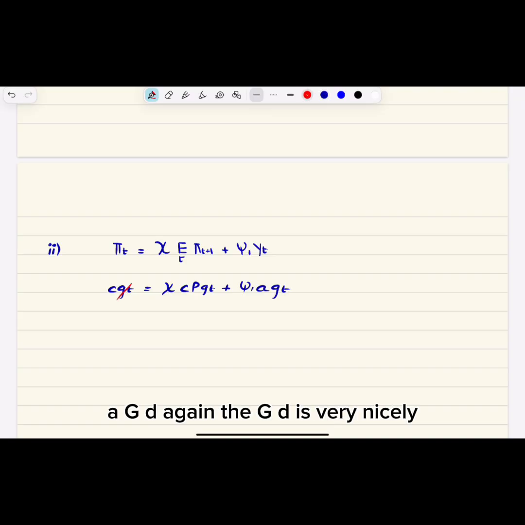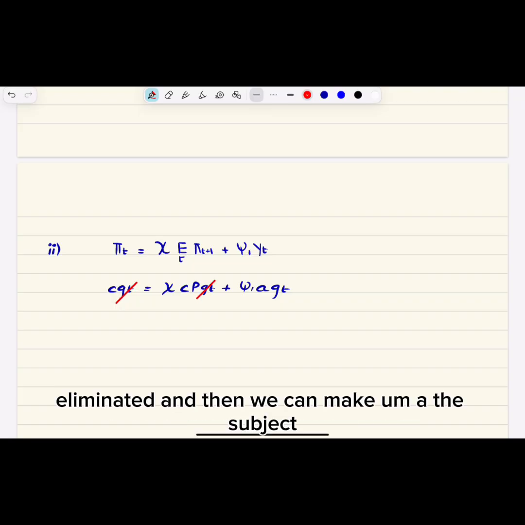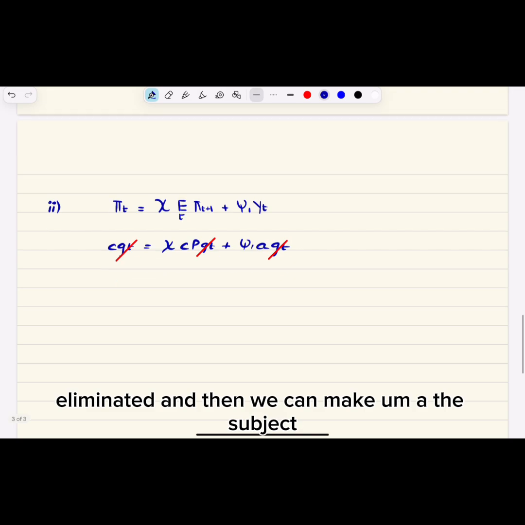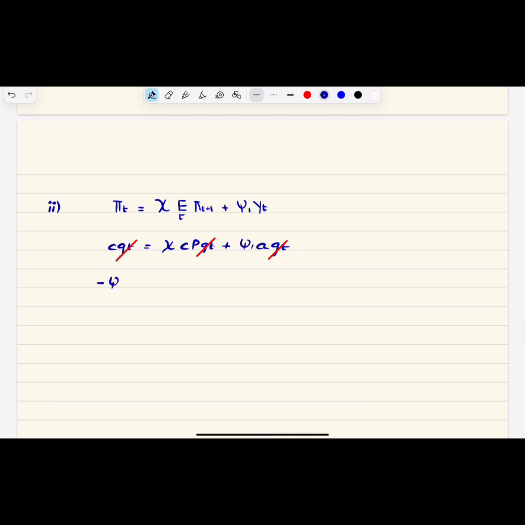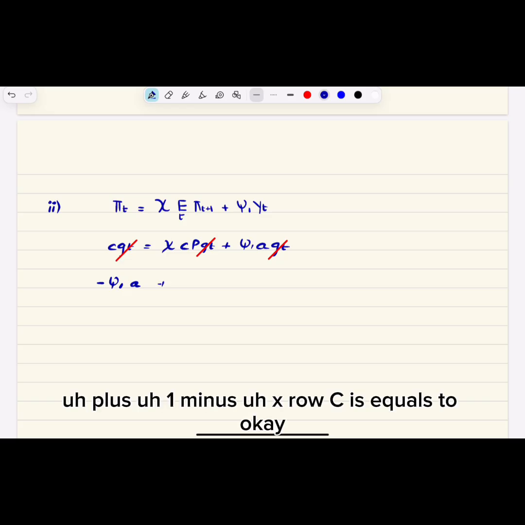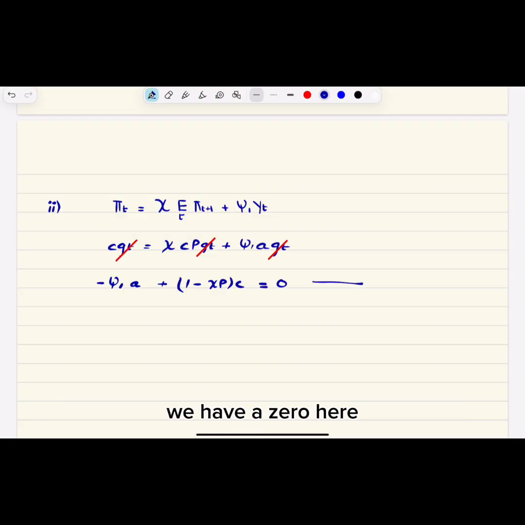Again, the gt is very nicely eliminated, and then we can make a the subject. So a comes here, plus 1 minus x rho c is equal to, okay, we have a 0 here. So this is the equation 2.